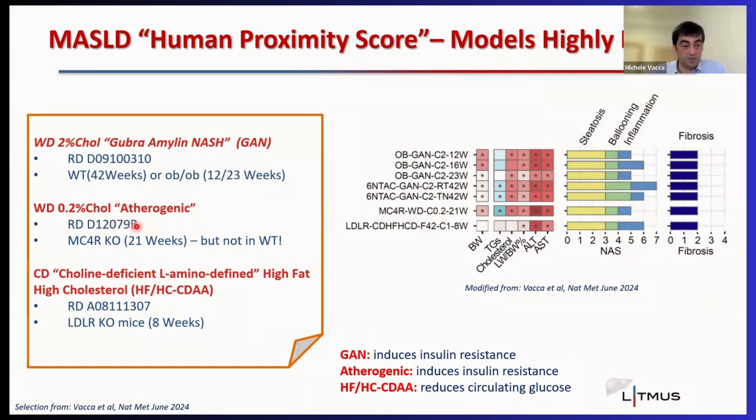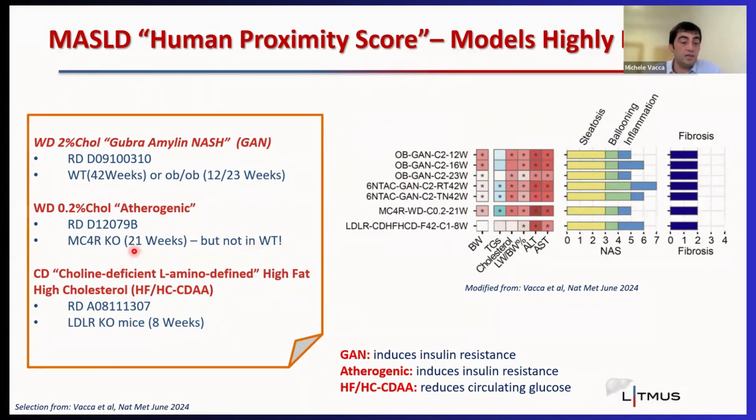Another good model is represented by a canonical 0.2% cholesterol Western diet, the canonical heterogenic one, when feeding obese mice. In specific, we have information regarding the melanocortin-4 receptor knockout mice for 21 weeks. But careful, because in wild-type mice, this model didn't develop F2 fibrosis, just F0, F1.